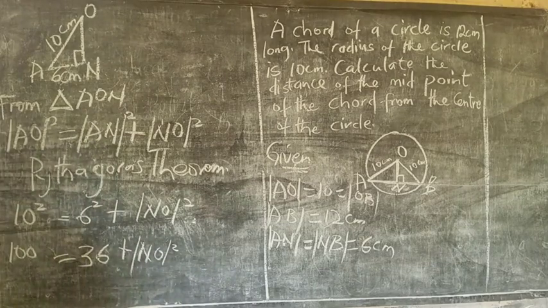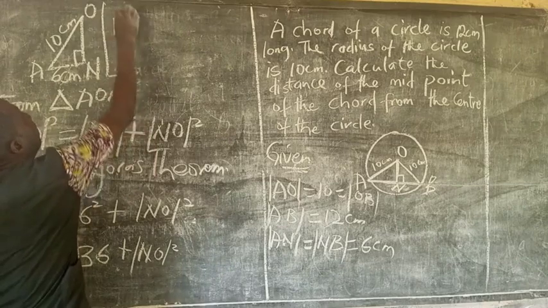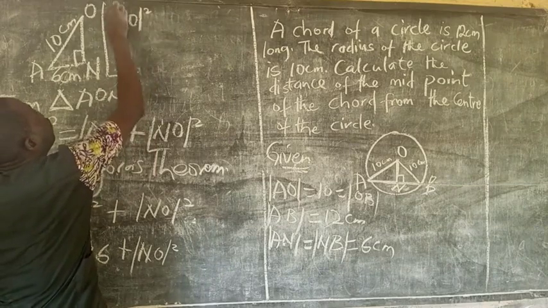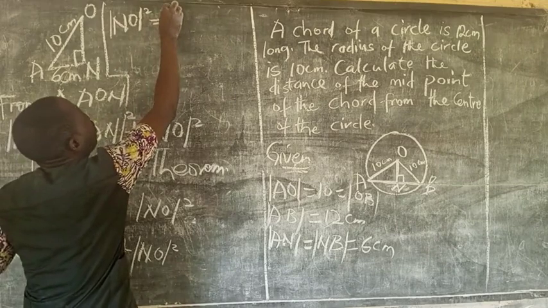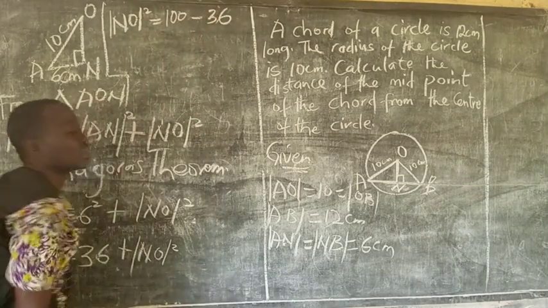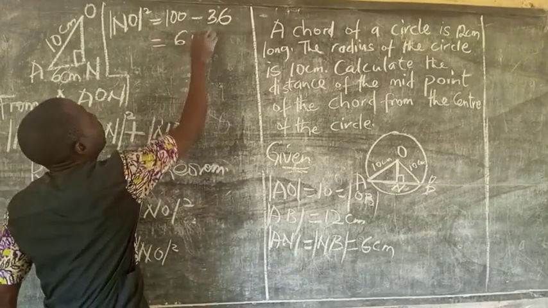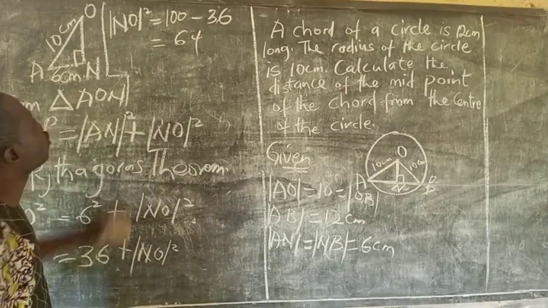Let's collect like terms: NO squared equals 100 minus 36. And what is 100 minus 36? It's 64.